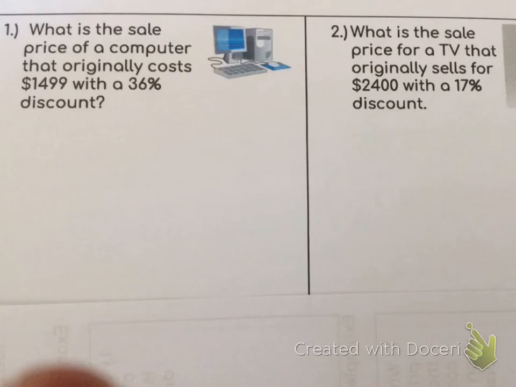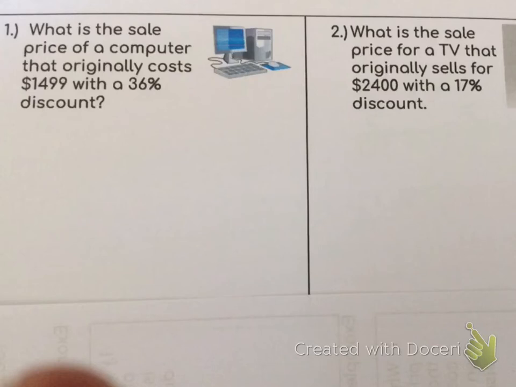Okay, on the last 4 problems, we found the discount and we then subtracted that from the original cost. There is a different option that you could choose if you want. If you are getting a 36% discount, if you are not paying for 36% of the item, you are actually only paying for what percent of the item.